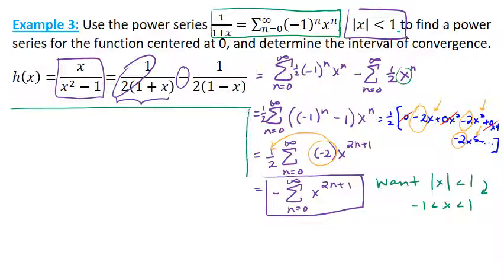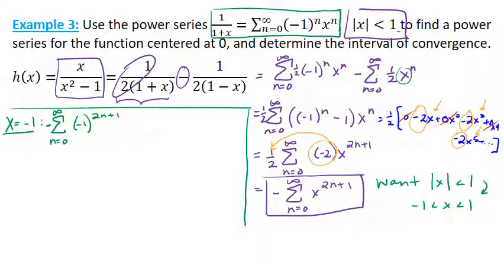When I test this, first I'm going to test x equals -1. So I'm going to plug -1 for x right here, and here's what I get. Don't forget the negative on the outside of the summation. So -1 to an odd power.